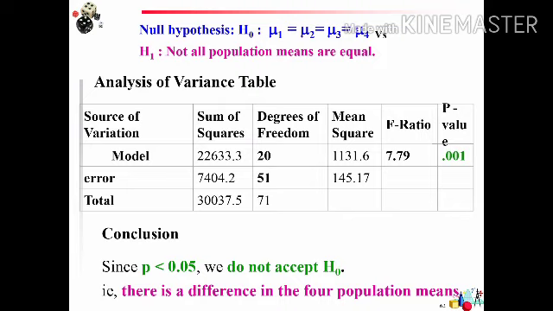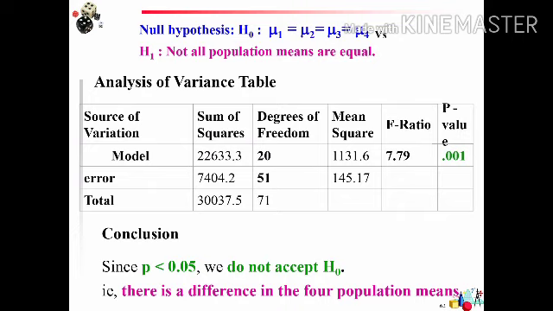The null and alternative hypotheses are: the null hypothesis H0 such that mu1 equal to mu2 equal to mu3 equal to mu4, versus H1 that not all population means are equal. So here you can see the ANOVA table. At the end of the ANOVA table we get the p-value.